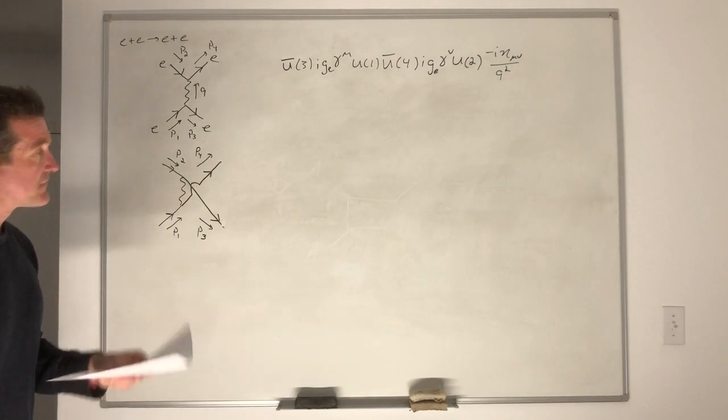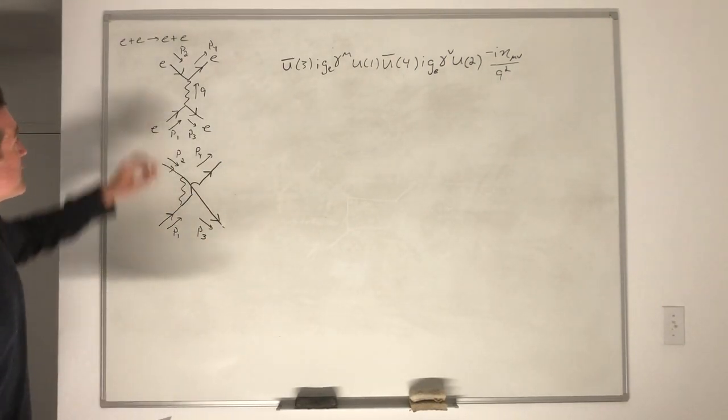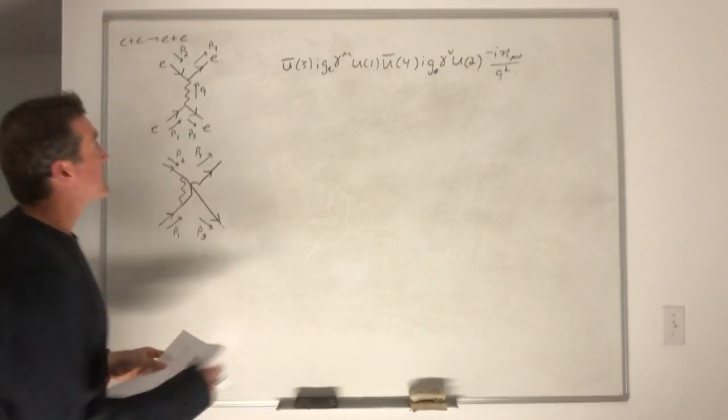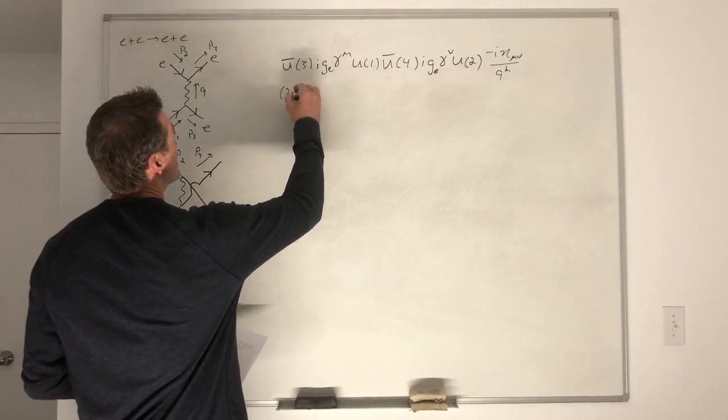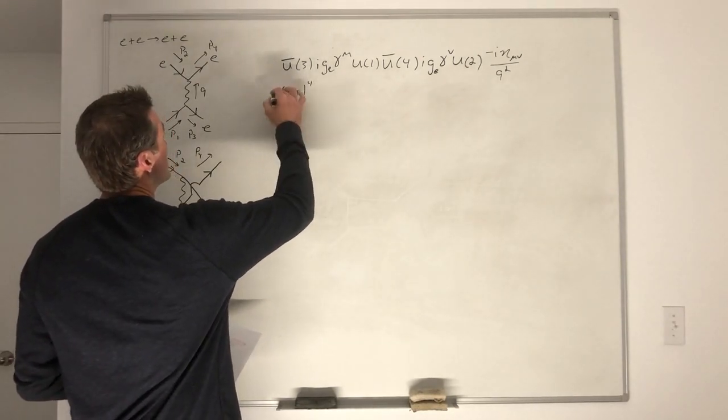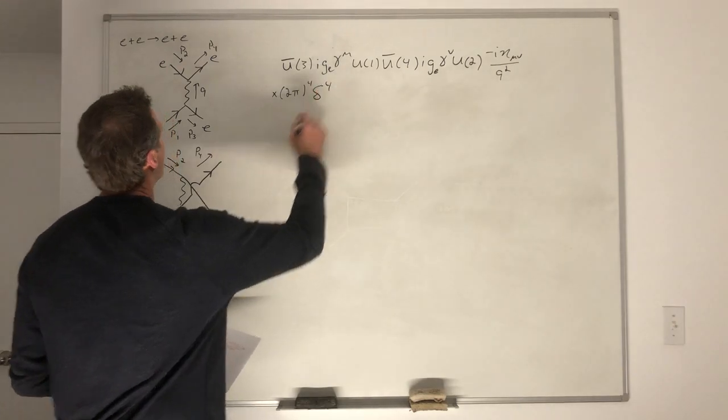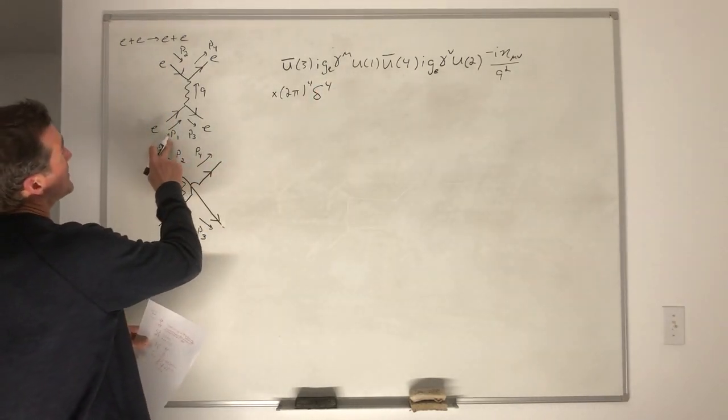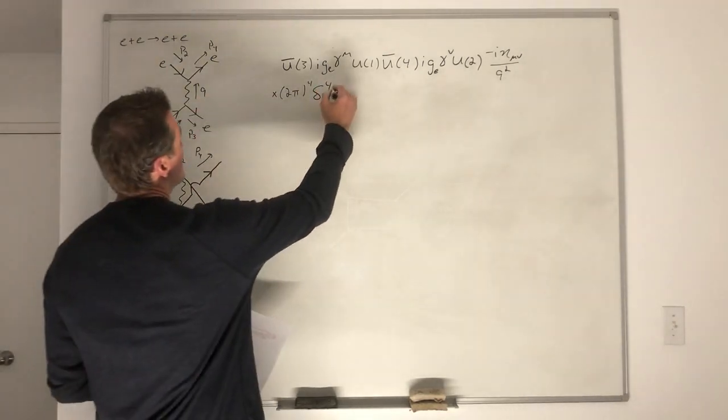All right. Now we want to conserve the momentum at the two vertices using the delta functions. So I've got P1 coming in, Q leaving, and P3 leaving.